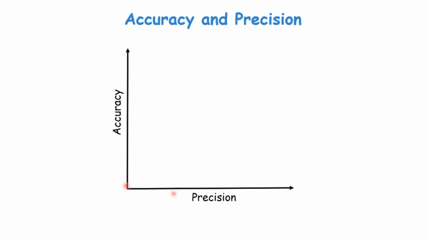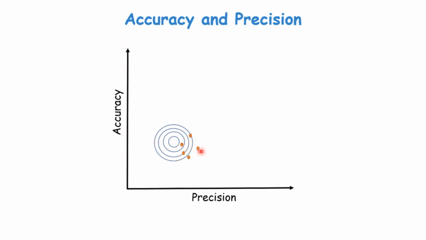I would like to use this diagram here to explain the difference between the two. Let's look at this shooting target. We see right here 5 shots. We can consider that as 5 measurements. They all fall outside of the bull's eye, so the accuracy is not good. This is low accuracy, this is high accuracy.